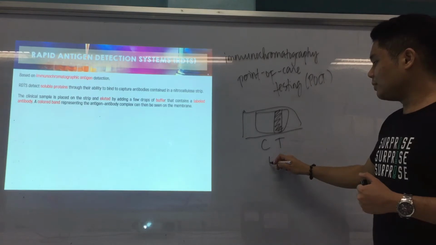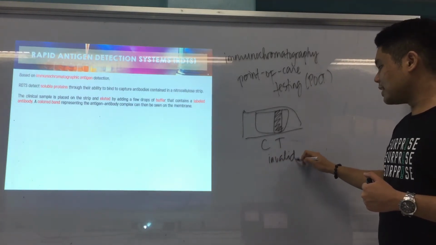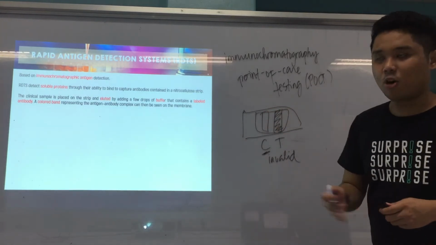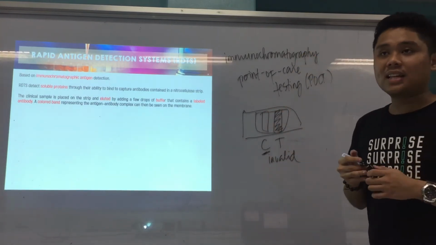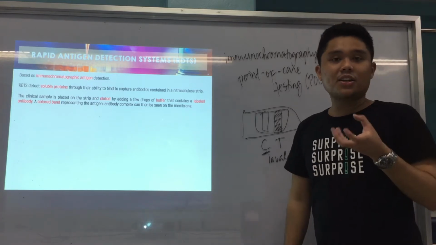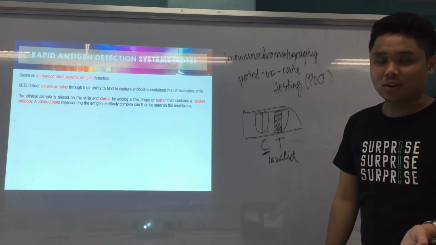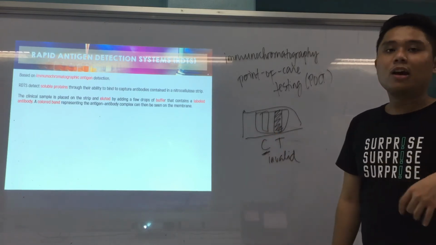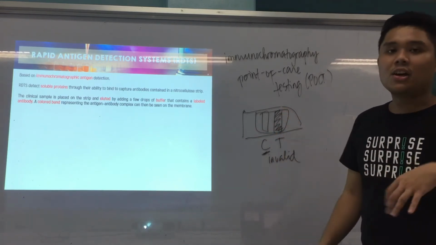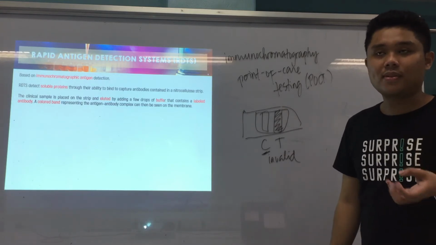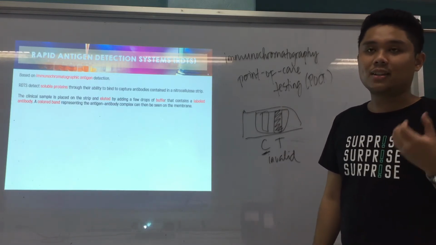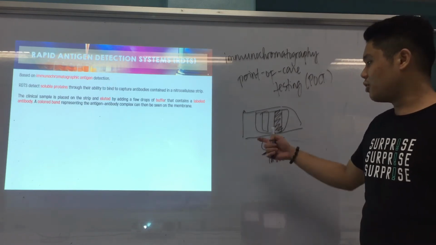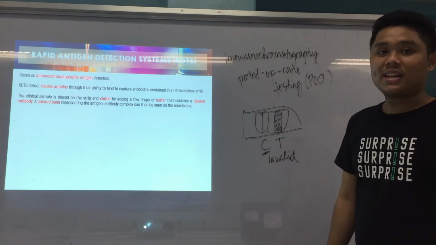Whatever the result is, there should always be a line in the control region. Why? Because that indicates that your test kit is working properly, because all the reagents are able to react in the control. So whatever the result in the test band is, you are confident that the result is really accurate and correct. Again, when interpreting test kits, if there's no line in the control line, it is always invalid.